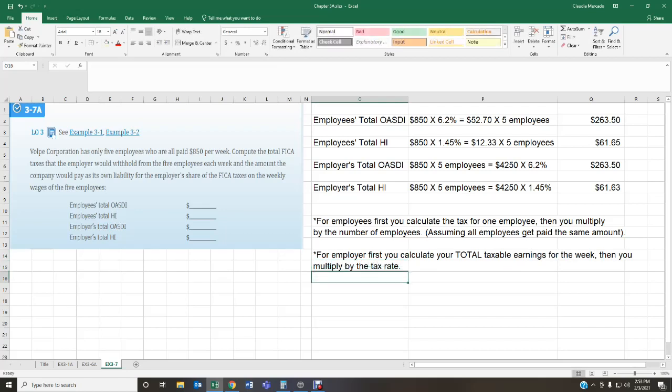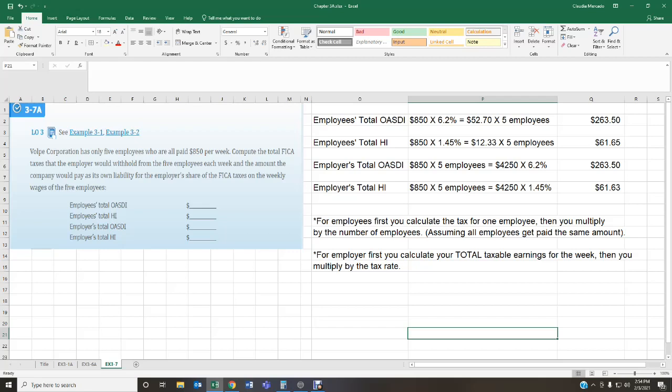So these are very different calculations. For the employees, you calculate the tax for one employee and then multiply by the number of employees. For the employer, first you calculate your total taxable earnings: 850 times 5 employees, so my taxable earnings are 4250. Then you multiply by the tax rate. So different calculations for the employee and for the employer.